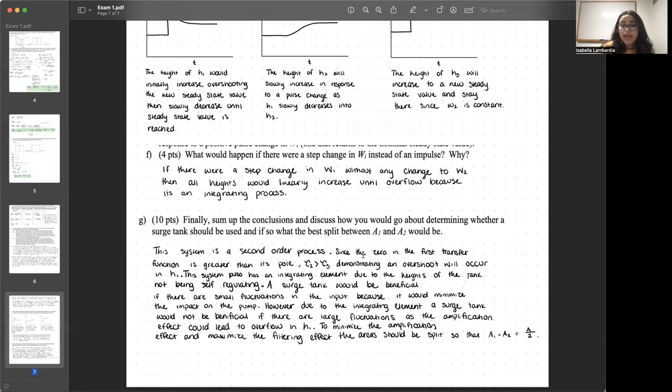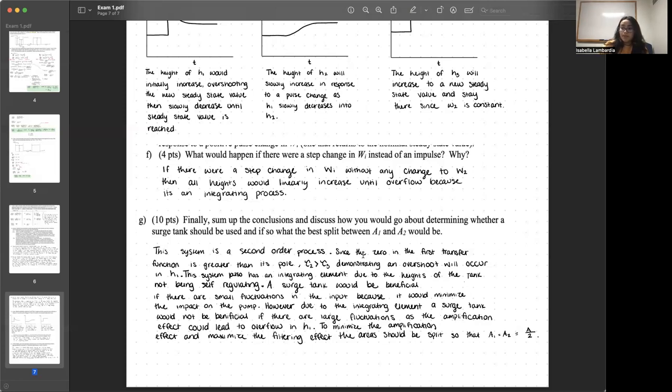And I said that a surge tank would be beneficial in the case of small fluctuations in the input, because the surge tank has a pole, which creates a filtering effect. So as we maximize this filtering effect, it's going to slow down the response time of the system.